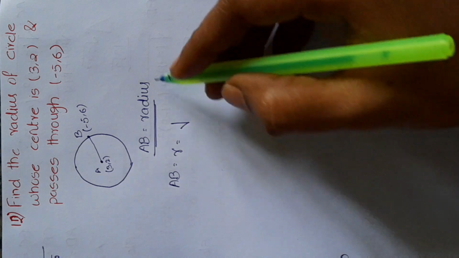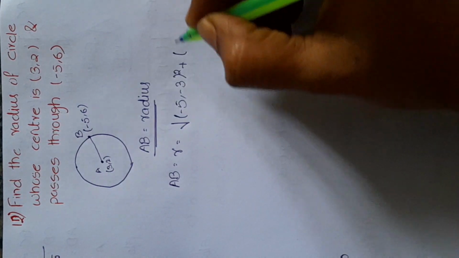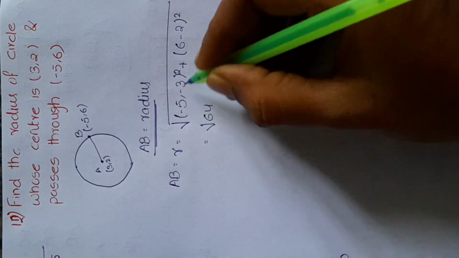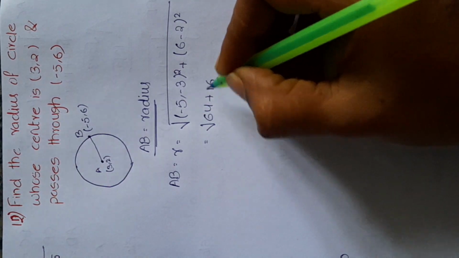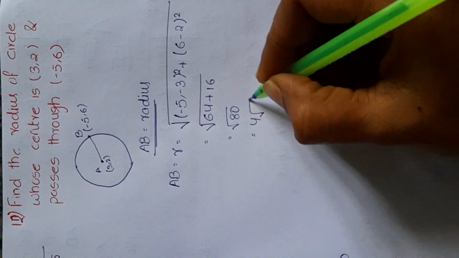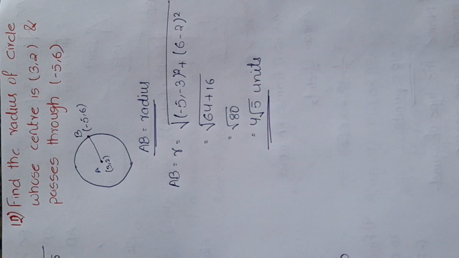Radius is equal to root of (-5 minus 3) whole square plus (6 minus 2) whole square, which is equal to root of 64, that is 8 square is 64, plus 4 square is 16. 16 plus 64 is root of 80. This can be written as 4 root 5 units. This is the radius of the circle.